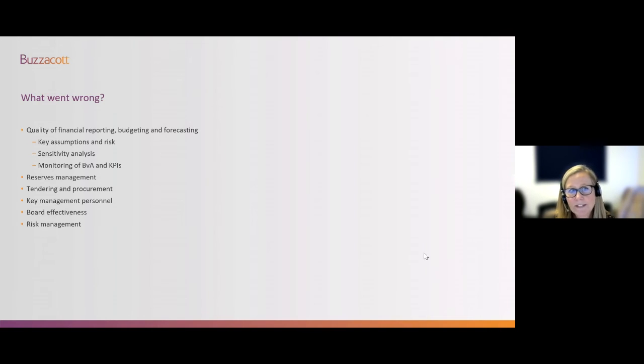And then if we look at the key management personnel, in the case study here we had the long established strong head, the close relationship with the chair. And as I said, the implication that maybe the head's performance, and that of the executive, possibly not sufficiently challenged by the board. There's also a question maybe around the CFO and whether they had the required skills for the role.